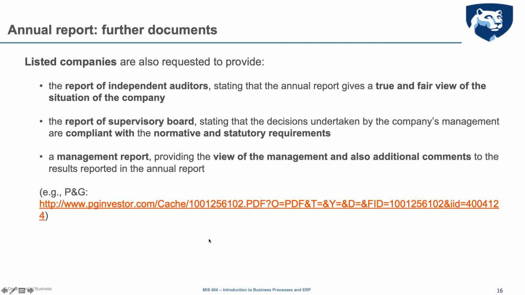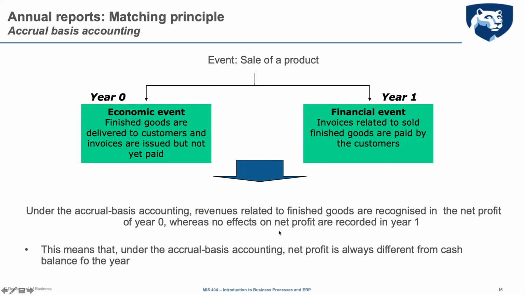Remember, it means that under accrual basis accounting, the net profit is always different from the cash balance of the year, because revenue and cost can happen without having a corresponding cash in or cash out for the company.